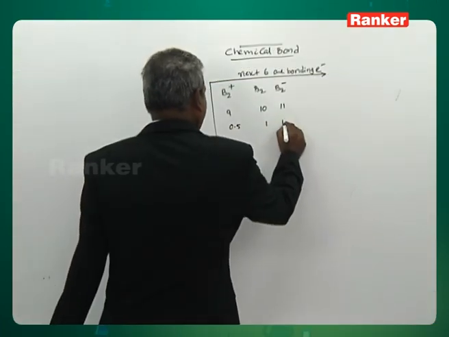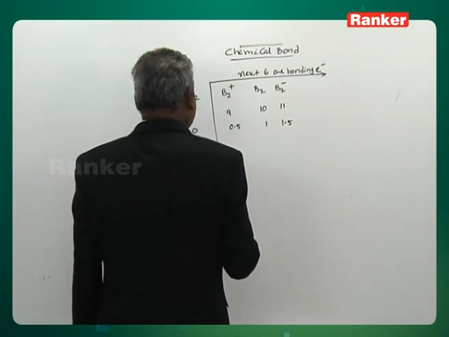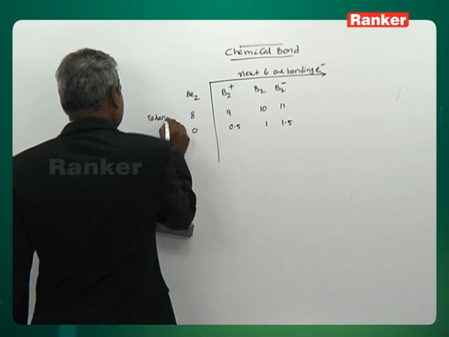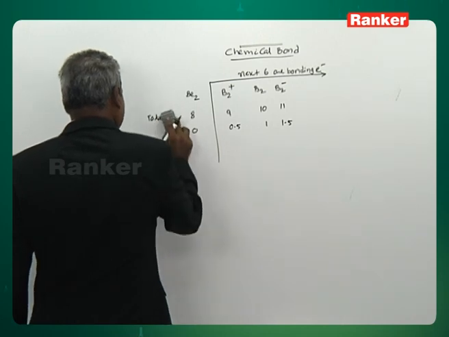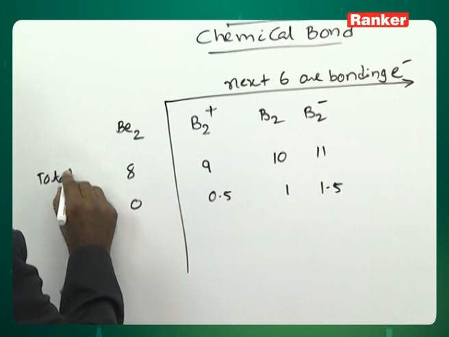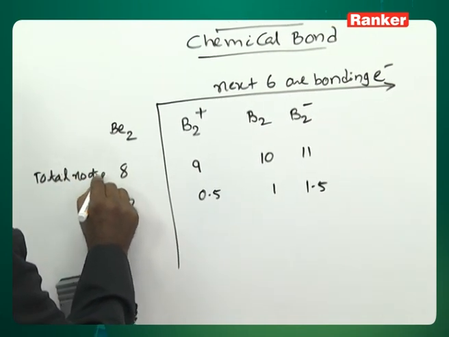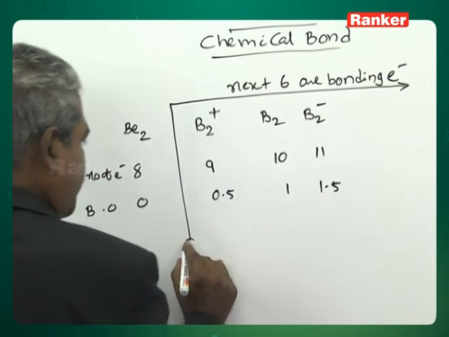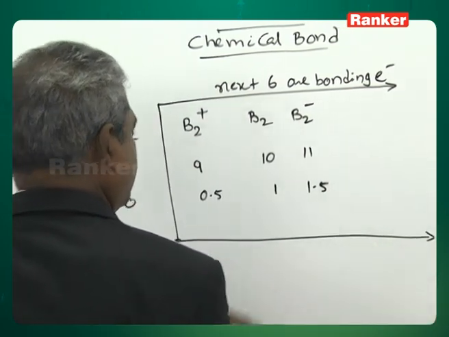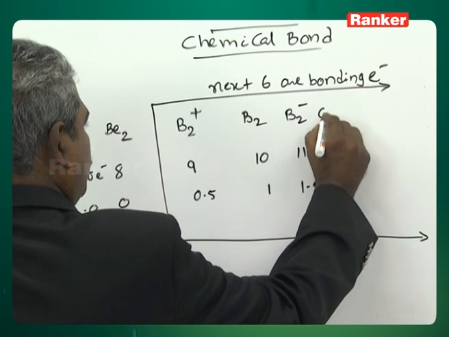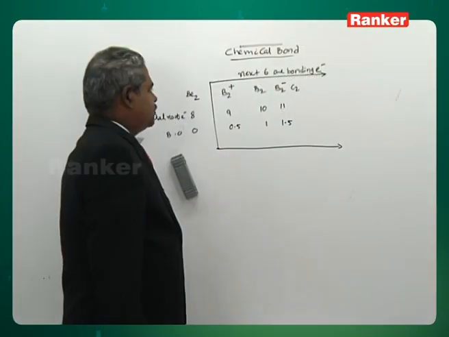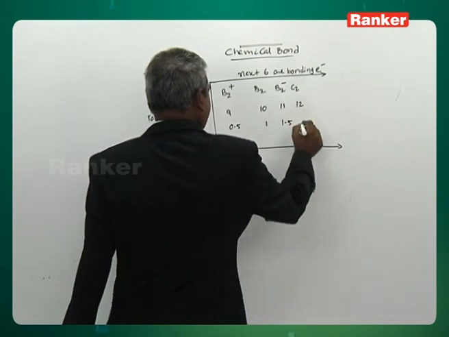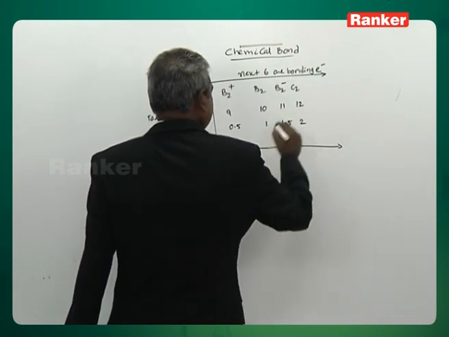So, the bond order is 1.5. This is the total number of electrons, and this is the bond order. So, we are even making a tabular form of sorts here. Then C2. What is C2? C2 means 2 carbon atoms, 2 into 6, 12. The bond order is 2.